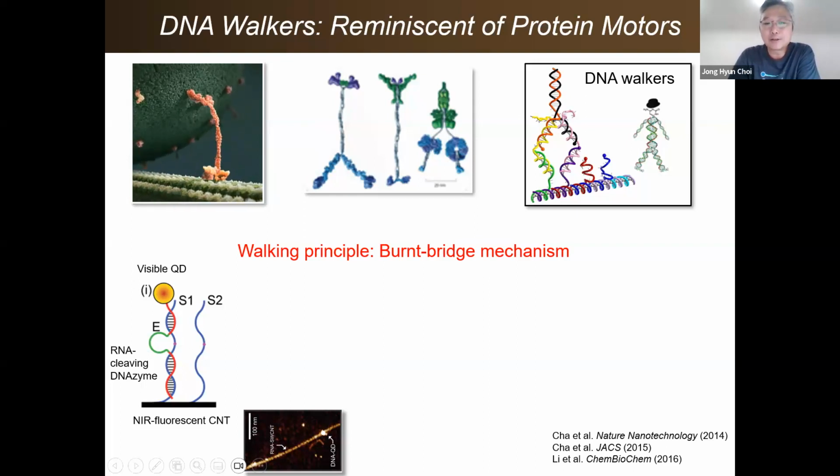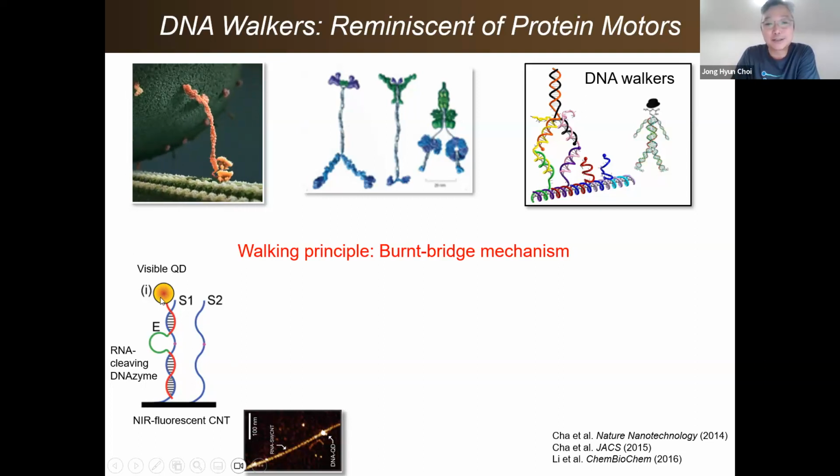Another difference between protein motors and DNA motors is that ATP is floating around in the environment, but for DNA walkers, these substrate strands are planted on the track. So here we planted these RNA substrate strands on single carbon nanotubes, using them like microtubules, and the cargos just like that.